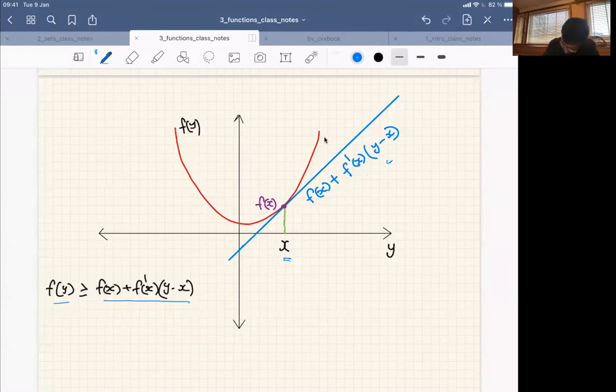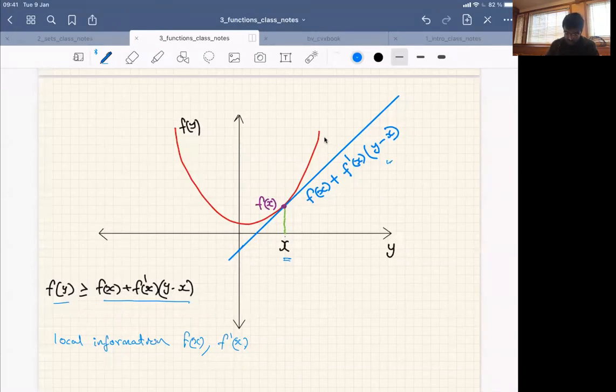What information do we have? We know f of x and we know f dash x. This is the only thing that we know at the point x.